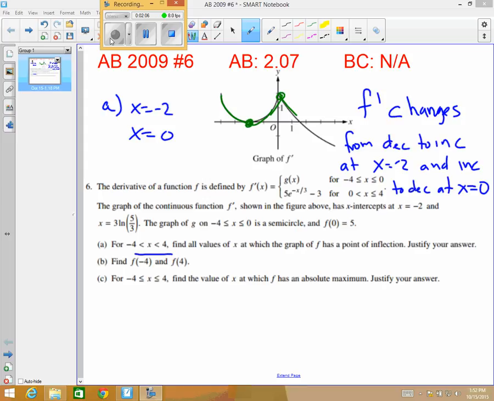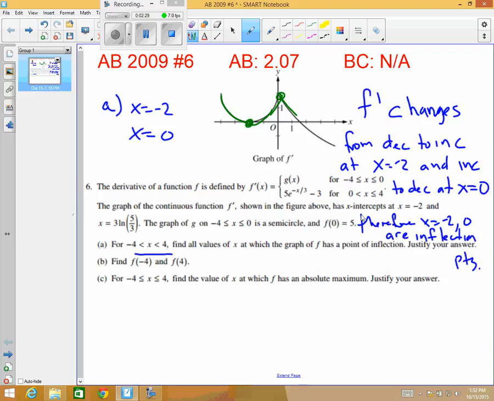So I choose to write something like this. f prime changes from decreasing to increasing at x equals -2 and increasing to decreasing at x equals 0. Therefore, x equals -2 and 0 are inflection points.